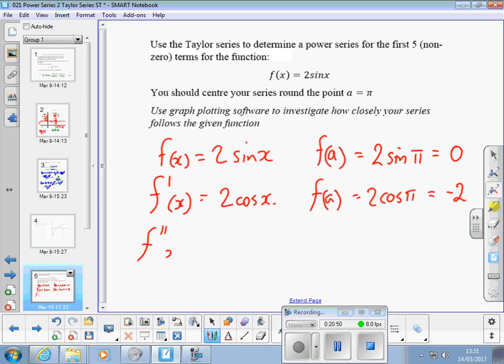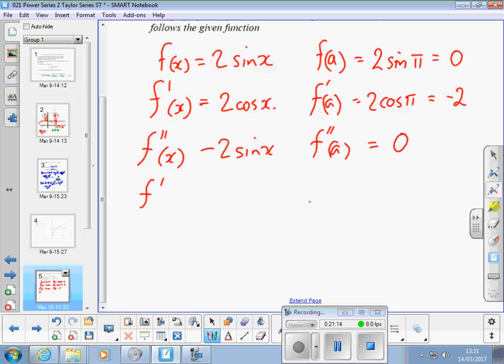F double dash is -2 sine x. F double dash A is equal to just the result now. Nothing. F triple dash is -2 cos x. So F triple dash at the value A is equal to 2.